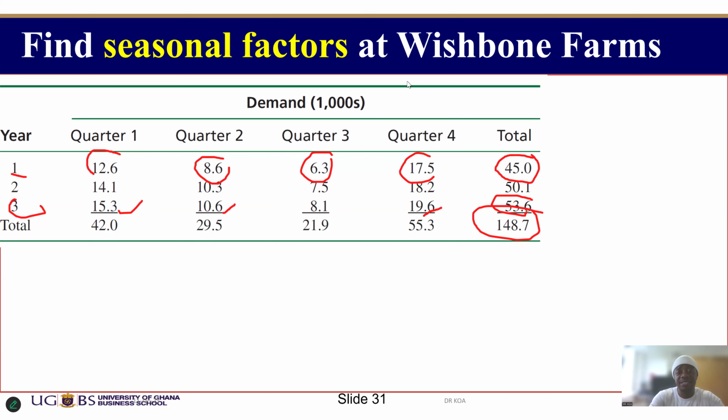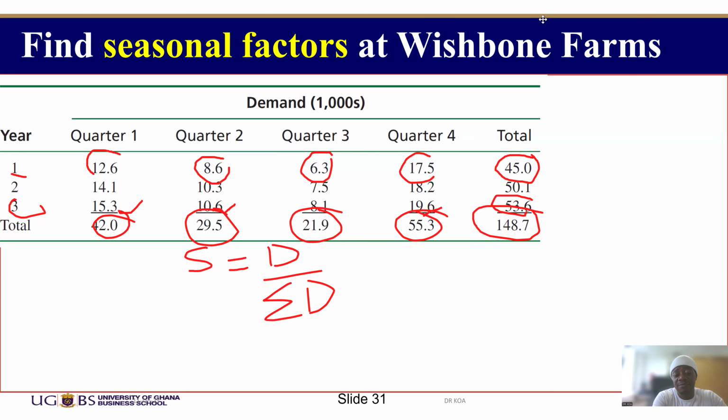You remember that we did say that the seasonal factor, which is S, is you take the demand for each quarter, that's the total demand for each quarter, which are here. Then you divide it by the overall demand for the year.